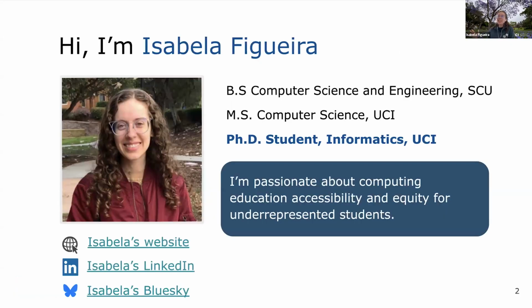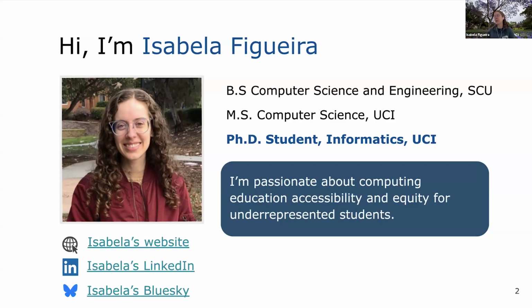So that's me. I'm Isabella. I got my bachelor's and master's in computer science at a couple different universities. I got my bachelor's at Santa Clara University and my master's at UC Irvine, where I'm currently a PhD student in informatics. That's the study of technology and society, in case no one knows what that means.